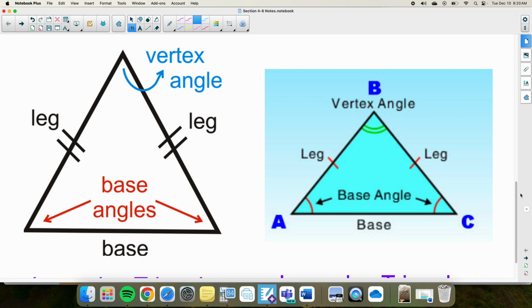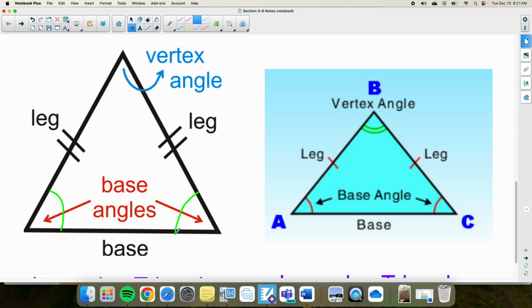And then there's a rule, like I just talked to you guys about: if these two sides are congruent, that makes these two angles congruent, and those are called base angles, okay? The two that are congruent are called base angles. Then you're going to have a third angle that is not congruent, and that one is called the vertex angle, okay?